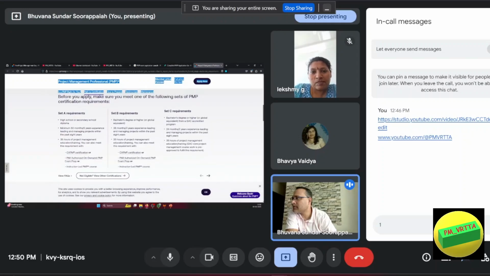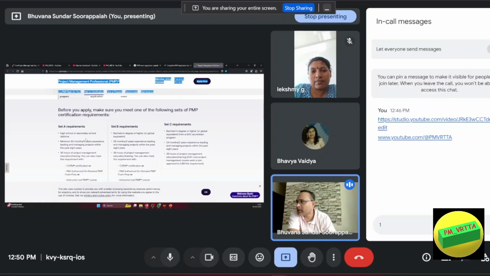Yeah, here it is. So basically, your high school, which is 12 years, plus 4 years of education, 12 plus 4. Most of us come into set B or C. Bachelor's degree or higher.